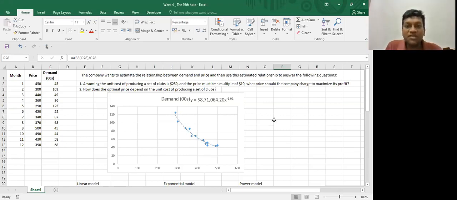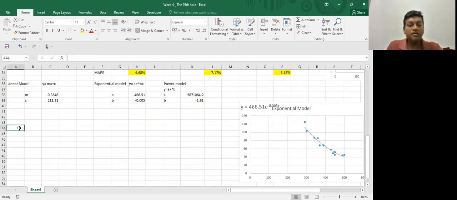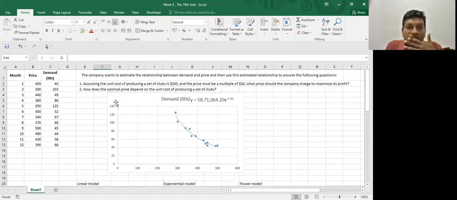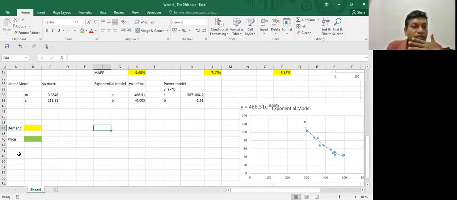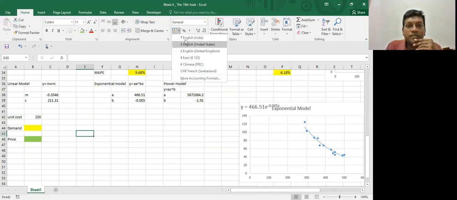Let's put down the givens once again. Demand, we don't know what the demand is. Price, we don't know what the price is.